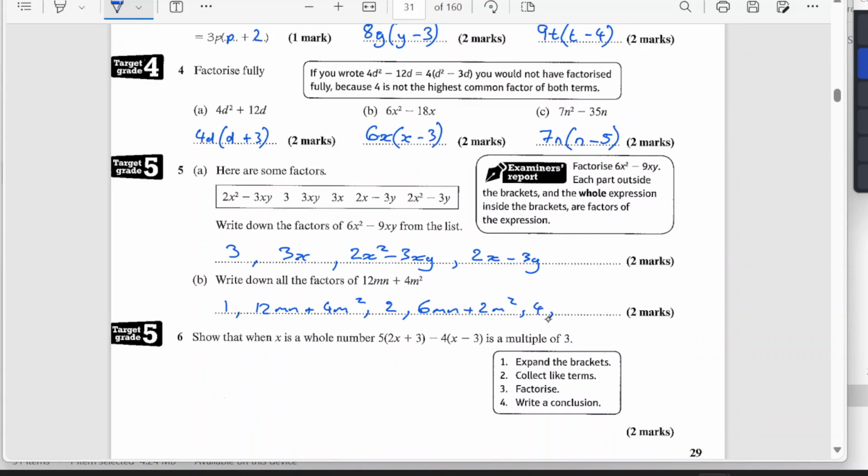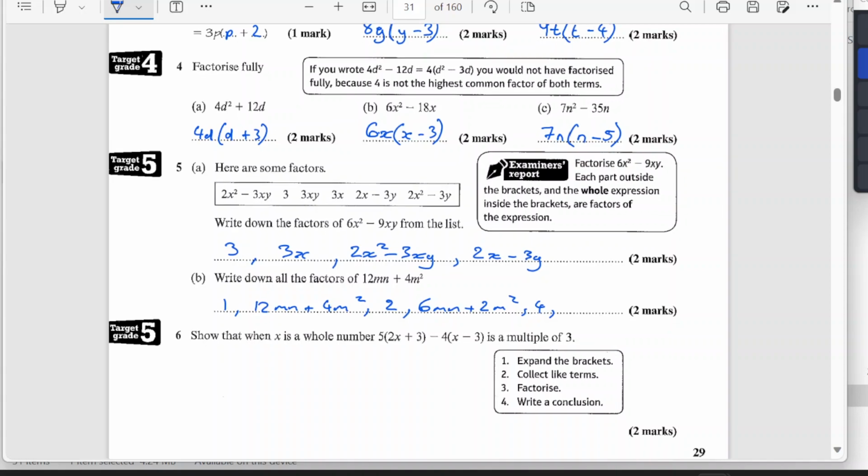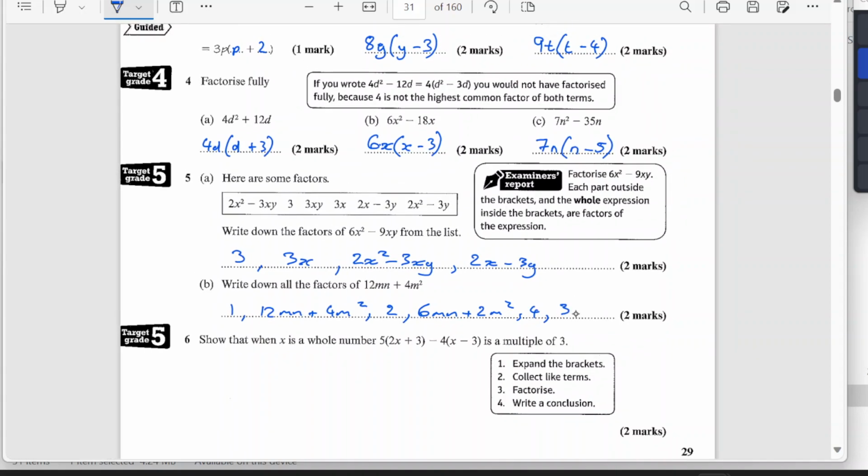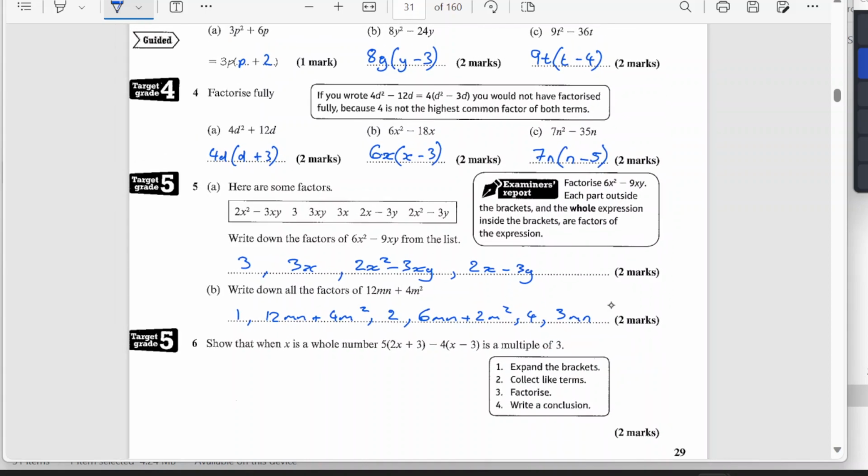I could take out 4 as a factor, and my factor pair for that would be 3mn plus m squared. And then I've got another. I could take 2m out as a factor, and that would leave me my factor pair of 6n plus 2m.